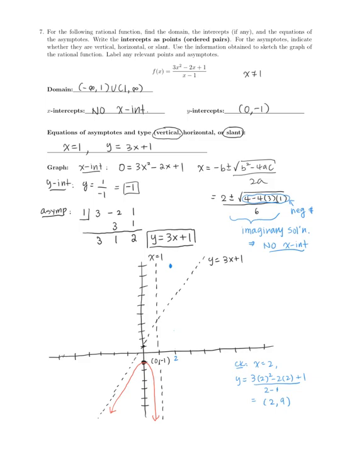Oh no, I'm running out of room. Let me extend this a little bit. Our graph is going to look something like this. My gosh, can you follow my work? I hope you can see what I'm trying to do here. Okay, so that is my graph.